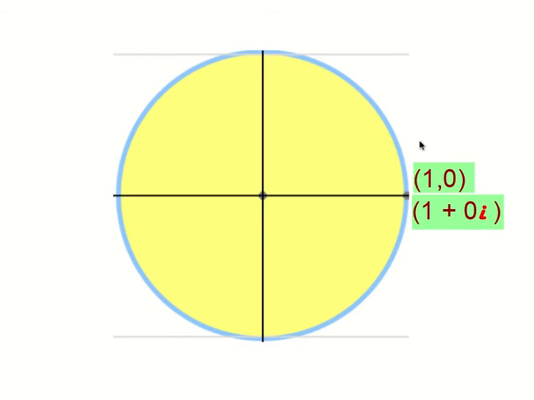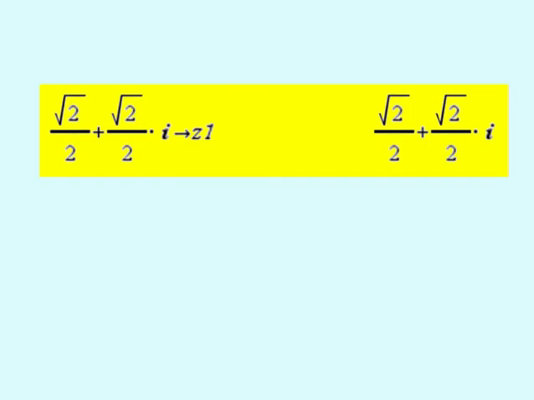So all points that we move will be on the circle, which means on the edge exactly 1 unit from the origin. So the first thing I want to consider is rotating 45 degrees. For a rotation of 45 degrees, I'm going to multiply by the points that are at 45 degrees on the unit circle.